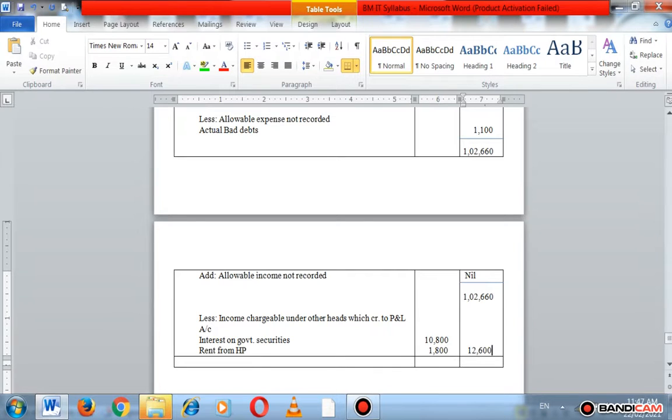So deduct the 12,600 from 1,02,660. So here the income from business is 90,060. So here we find out the income or gain from business that is amounted to rupees 90,060 is the income from business. Got it?